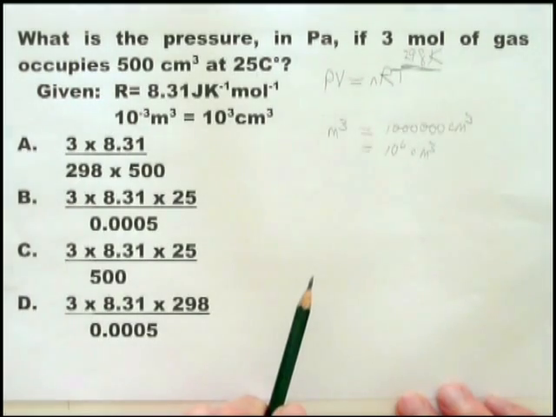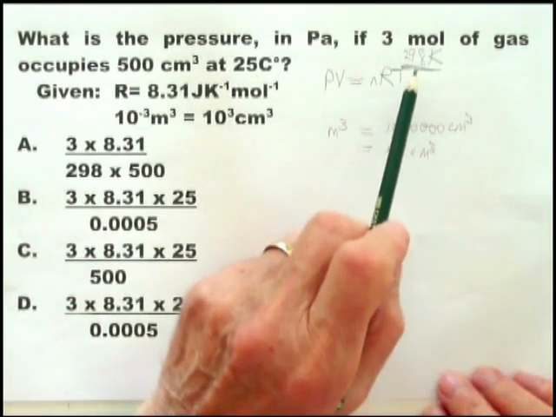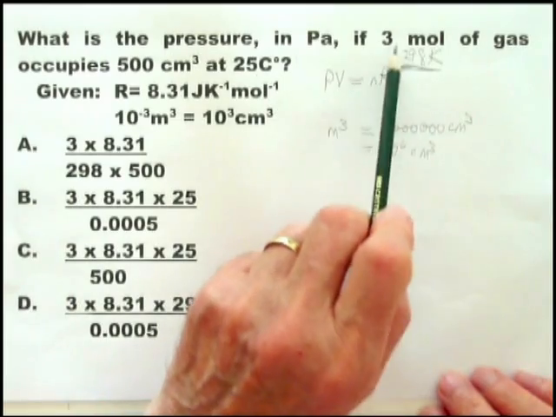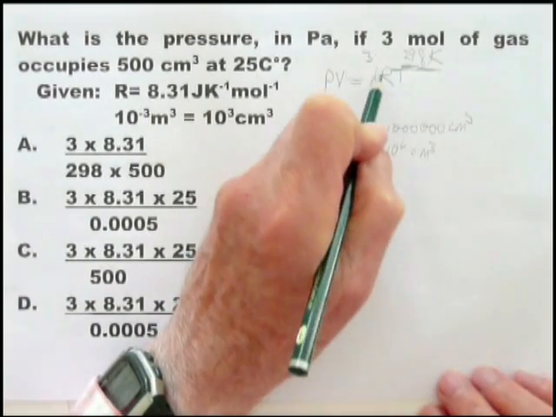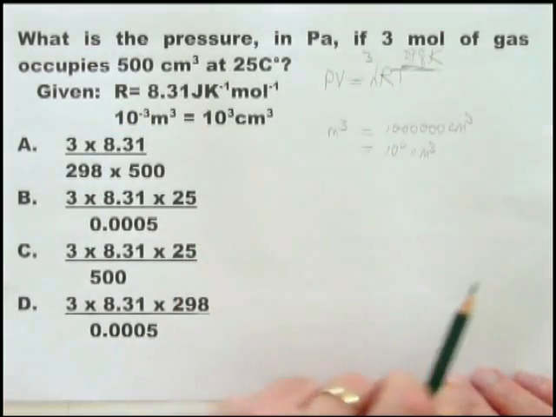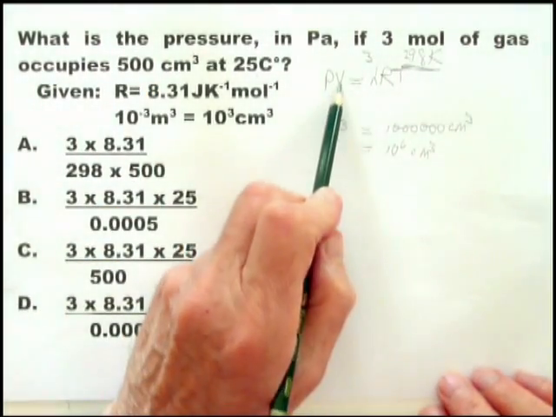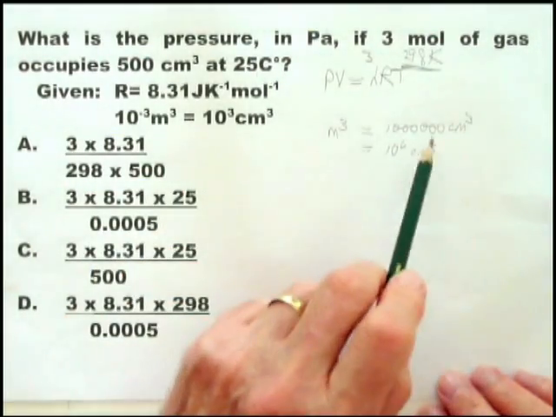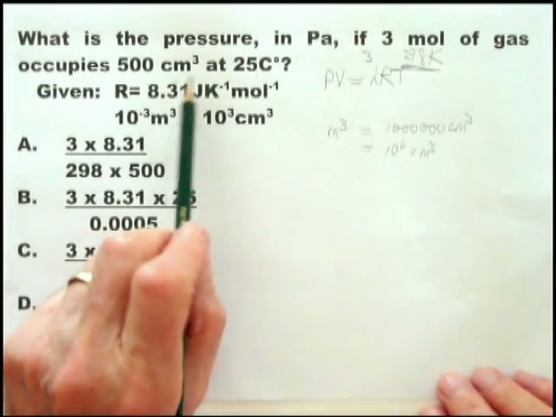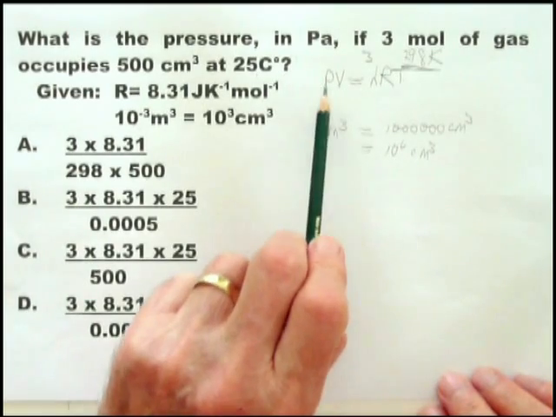Okay, so we've got the basic information, and by the way, they are telling you that there are 3 moles of gas, so the n is 3. So you know n, you know R, you know T. And of course, you do know the volume there. You'd have to convert it using this equation or that equation. But anyway, we have all the information we need.